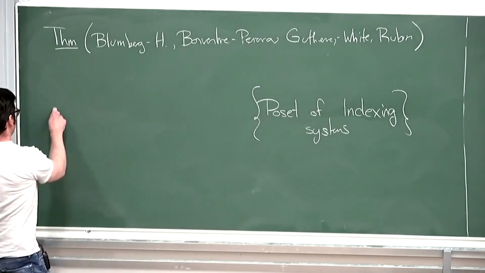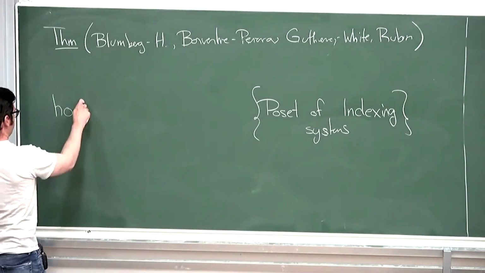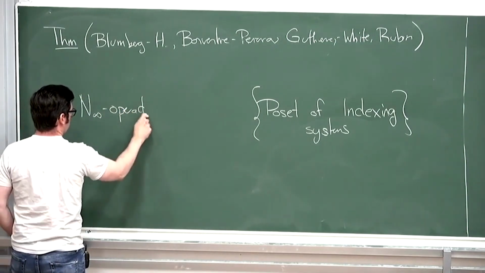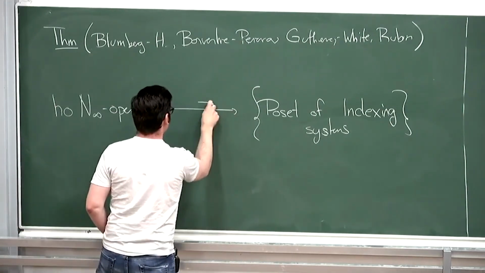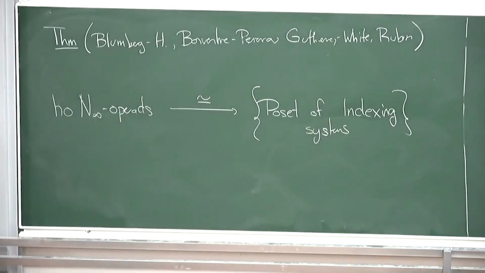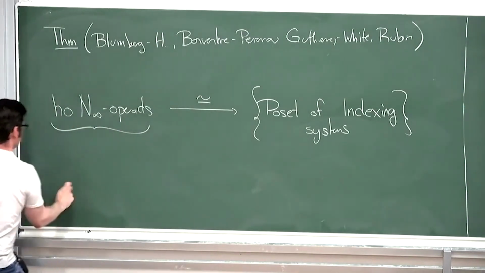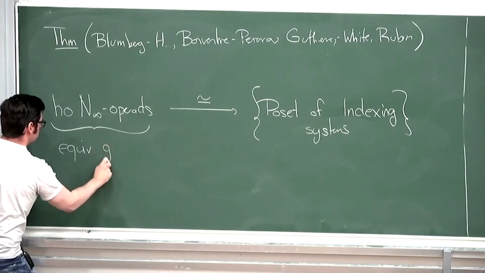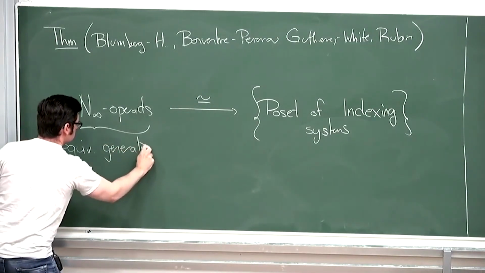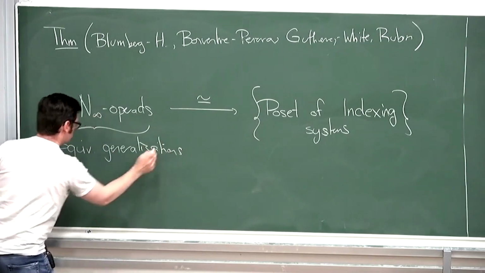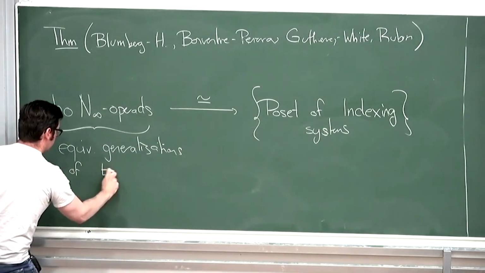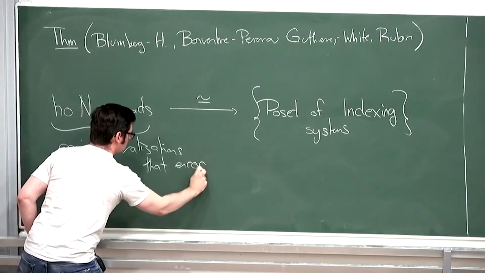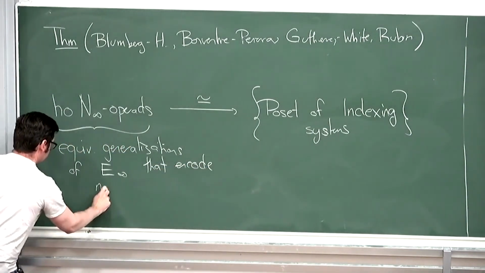And the source is the homotopy category of what we call N-infinity operads. And this is an equivalence of categories. So these are sort of equivariant generalizations of E-infinity operads that encode some norms.